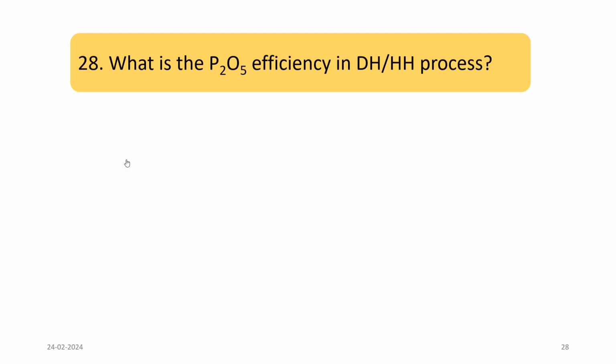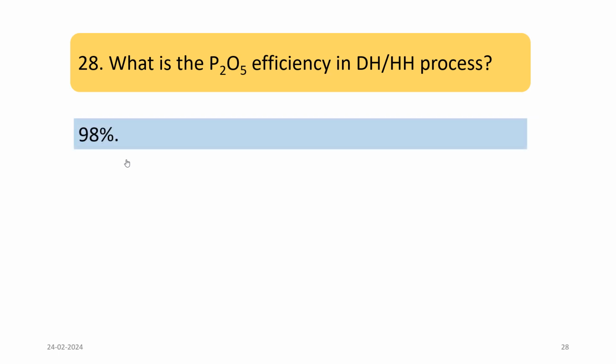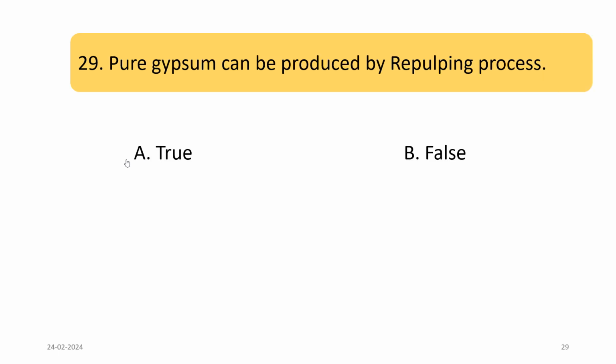Next question is what is the P2O5 efficiency in DHHH process? Ma'am, 98%. Yes, it is 98%.